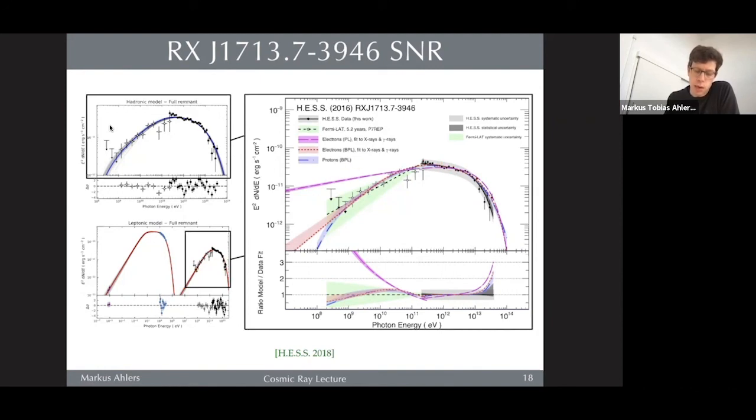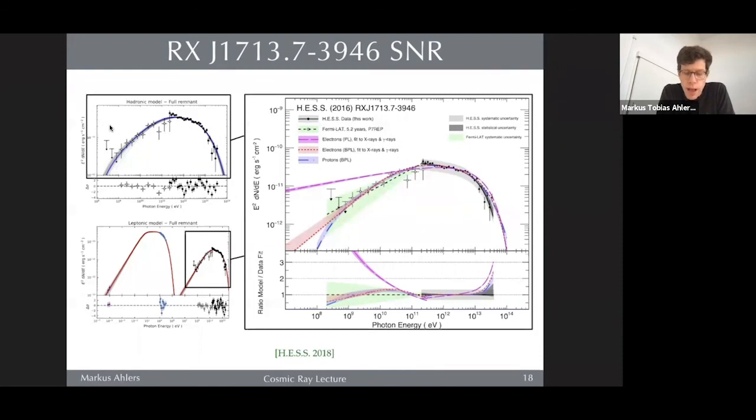So what you need here is broken power laws of the cosmic ray and electron spectra, but you can reproduce the gamma ray emission in this way. So you see that the different emission processes that we talked about today, they allow to reproduce the spectral energy distribution of supernova remnants and also other sources in the universe.